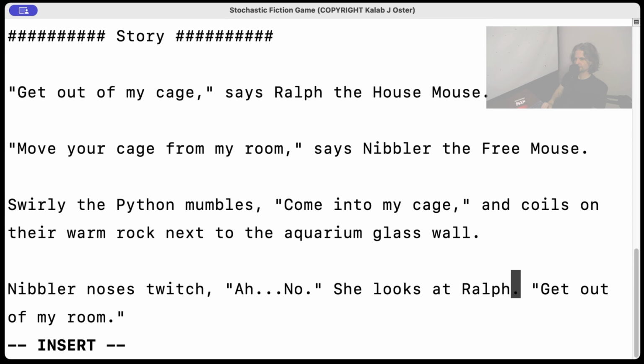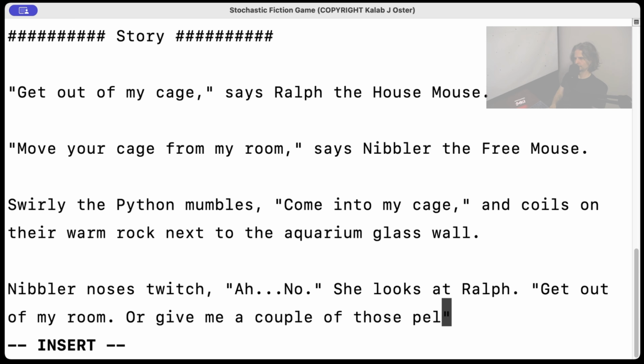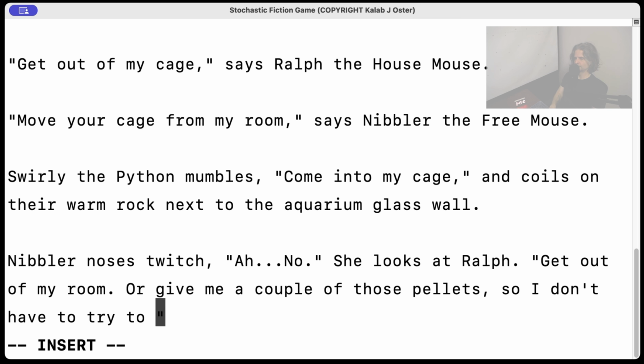She looks at Ralph. Get out of my room. Give me. Nibbler.